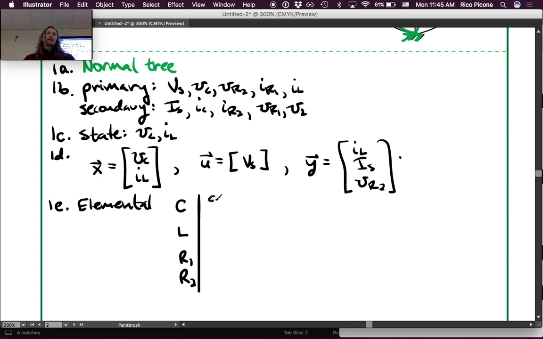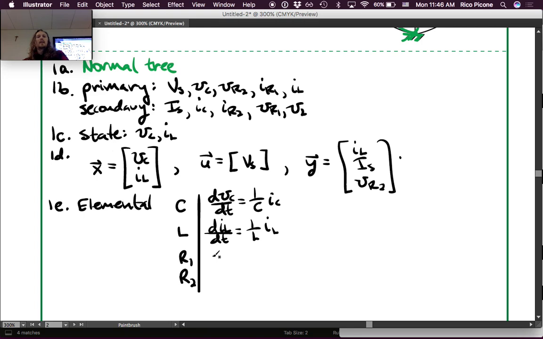The first elemental equation is for a capacitor, which is dVC/dt equals 1 over C times IC, right? Should look familiar, I hope. And then the elemental equation for an inductor is dIL/dt equals 1 over L times VL.